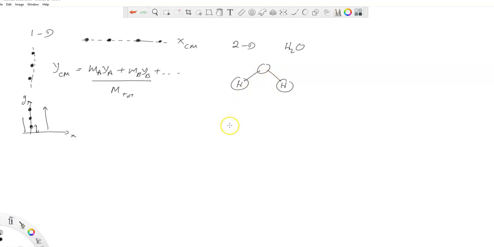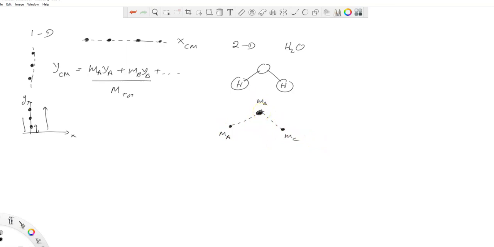So we can represent this as Ma, with some distance here Mb, the oxygen molecule, some distance here Mc, the other hydrogen molecule. So where's the center of mass?